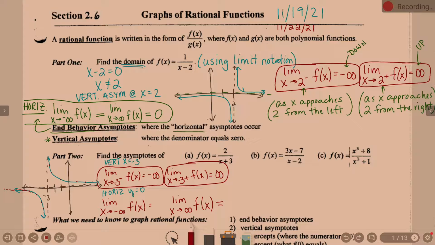That horizontal asymptote of y equals 0. Then as x approaches positive infinity, so as I follow my graph off to the right, what y value am I getting closer and closer to? I'm getting closer and closer to that horizontal asymptote, which is again 0. So what do both of these limits equal?